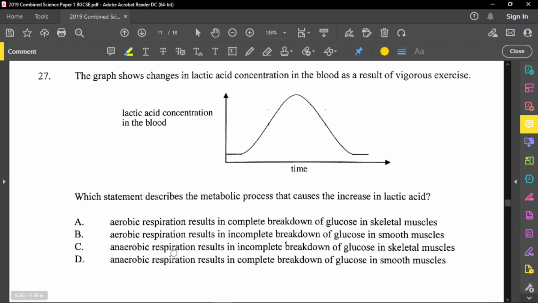But C, anaerobic respiration results in incomplete breakdown of glucose in the skeletal muscle. Yes, this is it. For D, anaerobic respiration results in complete breakdown, don't read any further, because anaerobic respiration does not result in complete breakdown of glucose. So yes, C is our answer.